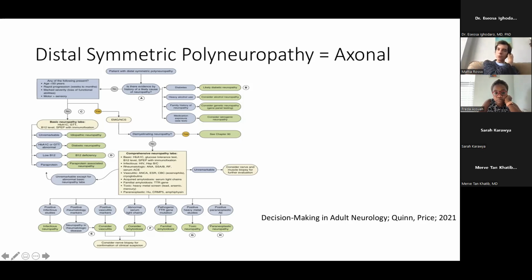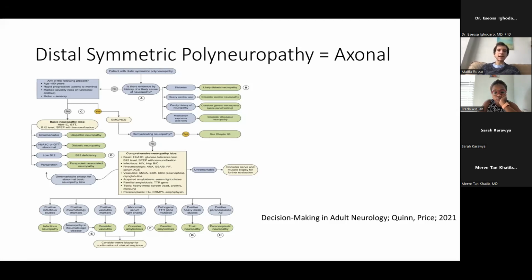I think a common question to ask is whether we need EMGs on every single patient with neuropathy, and we don't. Most of these patients will have a pretty straightforward cause without any red flags, which doesn't require a nerve conduction study. The reason for doing a nerve conduction study, though, is that that would allow us to understand whether the etiology is demyelinating neuropathy or not.